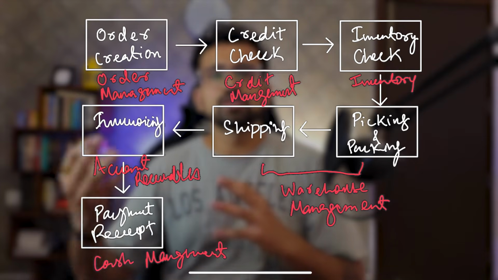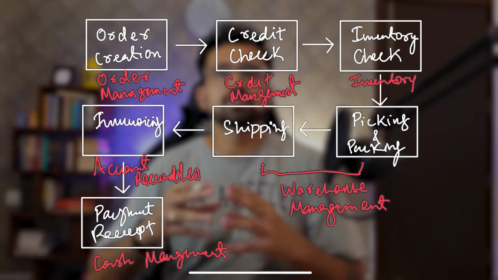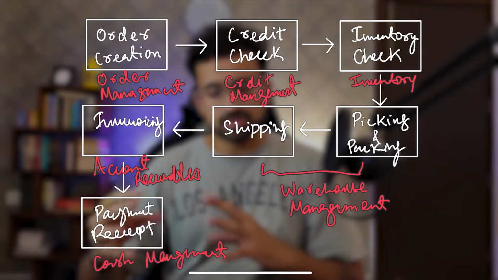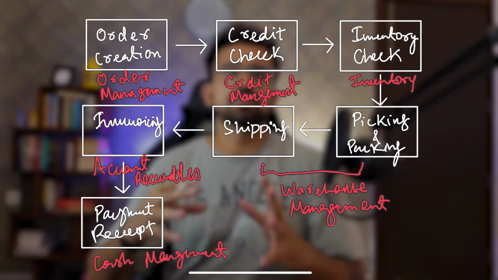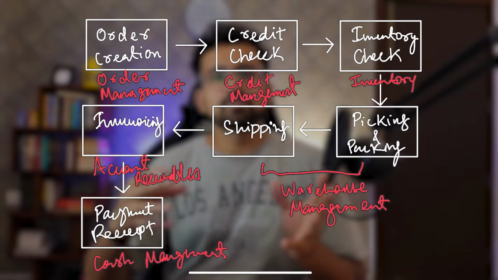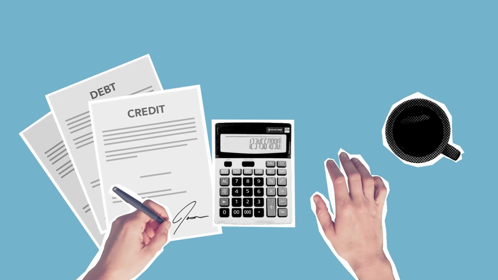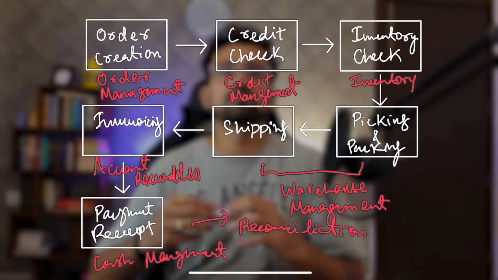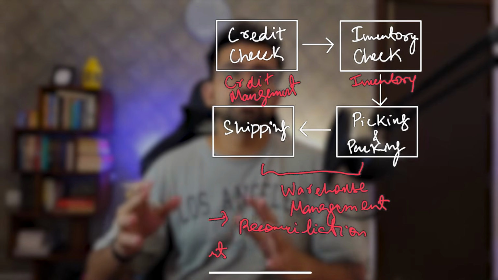He could do an online transfer. He could send a check. So all those nuances are captured in the cash management module, and finally the last step is the reconciliation step that is done to ensure that all the payment has been made for the shipment that we have sent to the customer. So that was the O2C cycle.